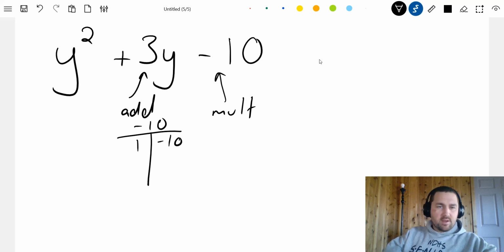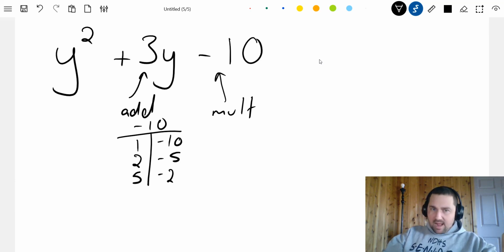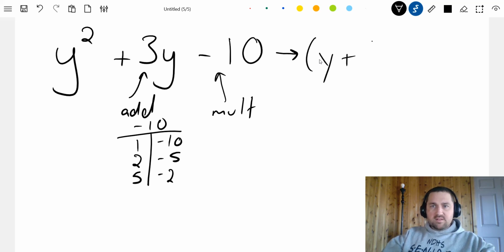Those don't add to 3. 2 and negative 5. Those add to negative 3, but I need positive 3. 5 and negative 2. Hey, those add to 3. I therefore know that this should factor to y plus 5, y minus 2.